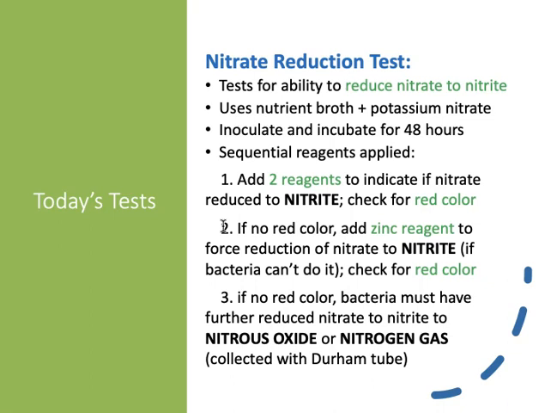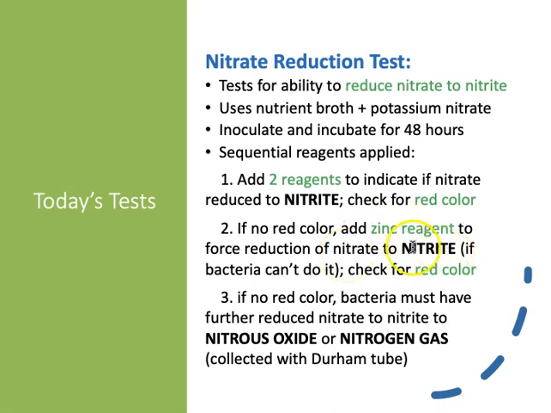If the bacteria, in other words, didn't reduce the nitrate, we'll use the zinc powder to do it. That will tell us that the nitrate was still in the tube. When we add the zinc powder, if the tube turns red, it's because the zinc reduced nitrate to nitrite.